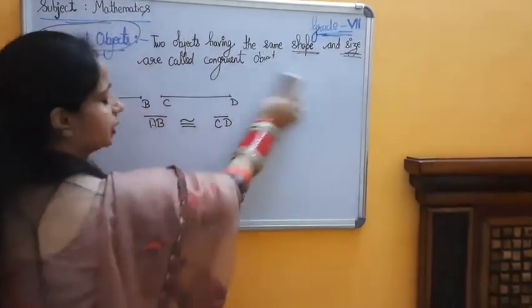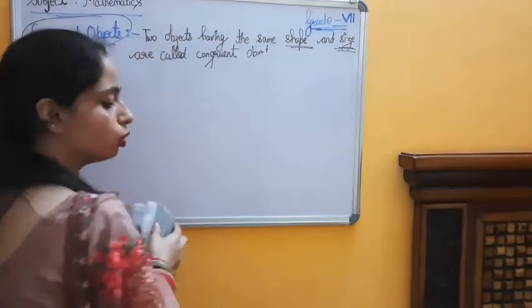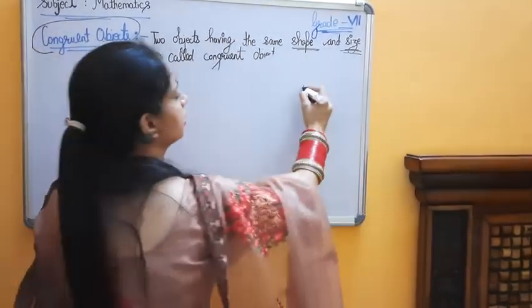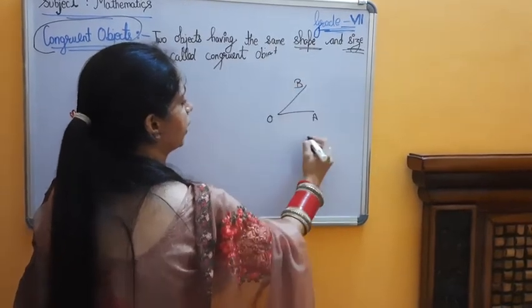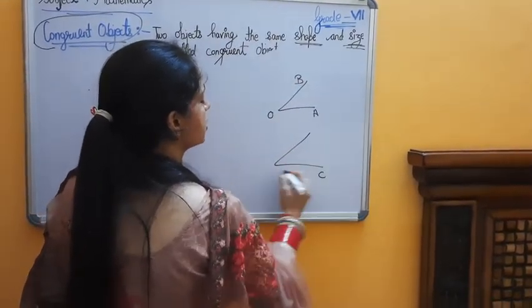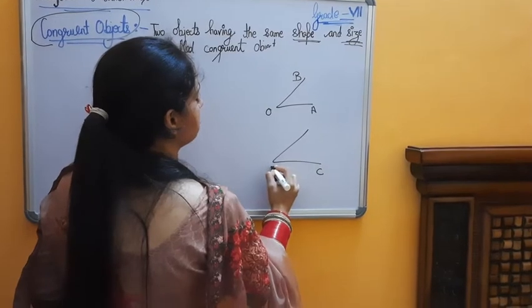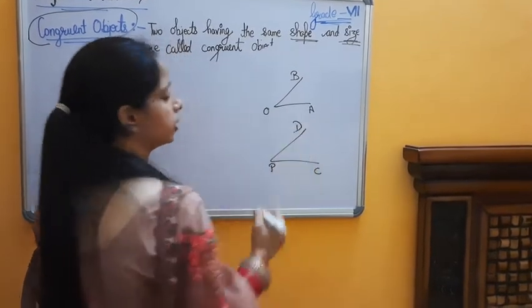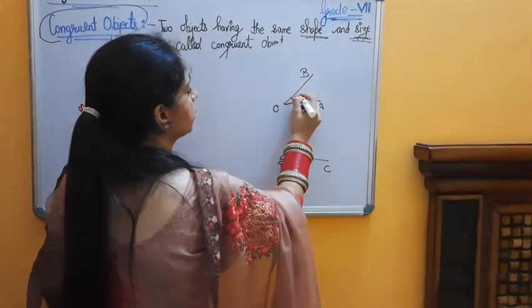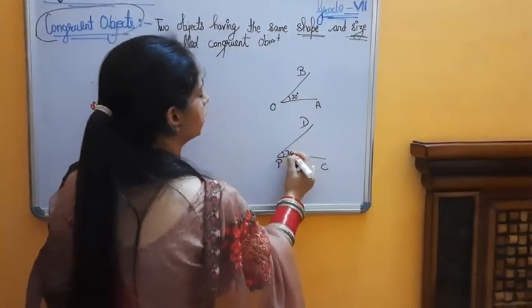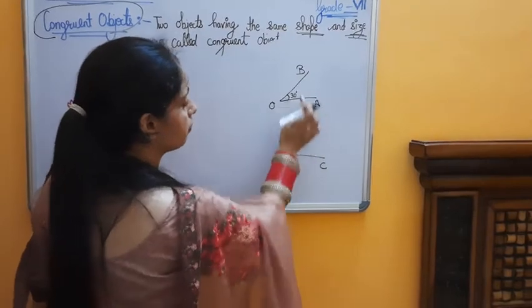Next we have angles. Let's say one angle is AOB and the other is CPD. If this is 30 degree and this is also 30 degree, then they have same measure.